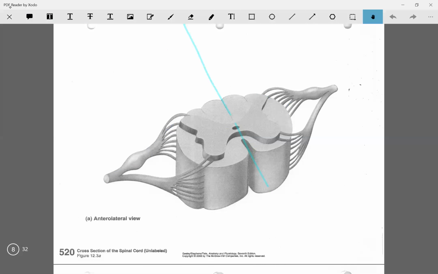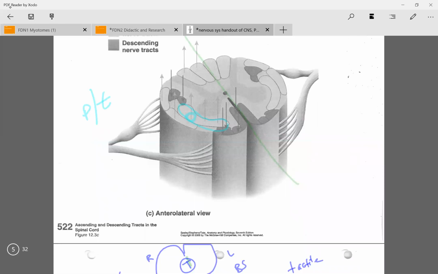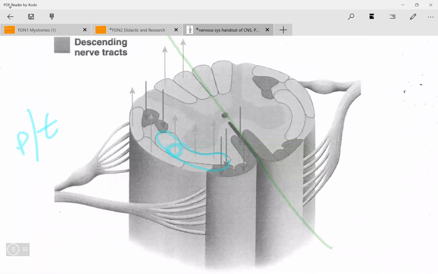All right, so now let's do some motor. All right, so we're going to go back to this guy because it's got the motor tracks visible here.